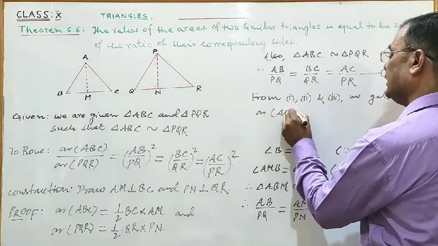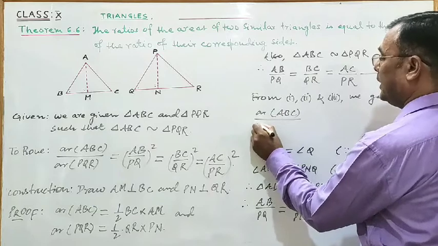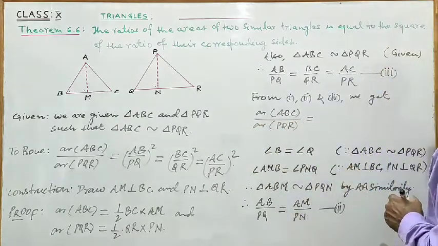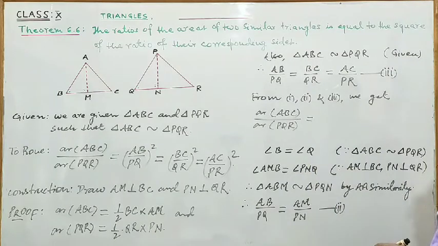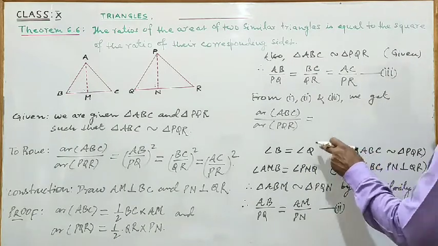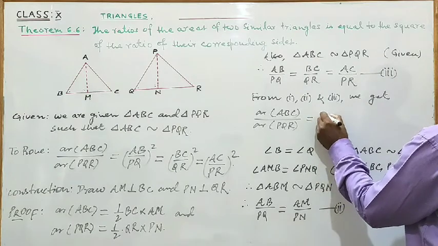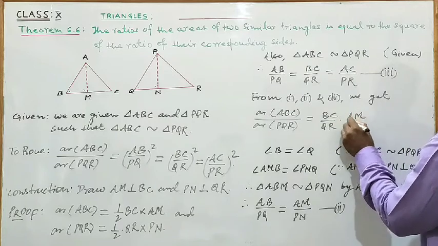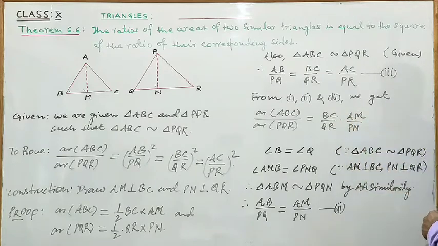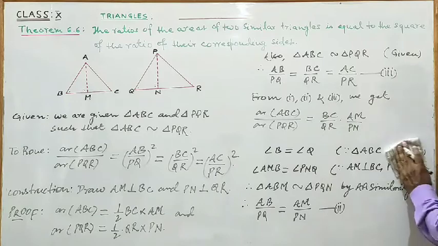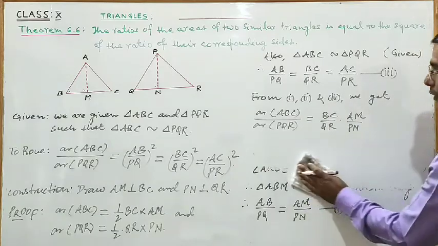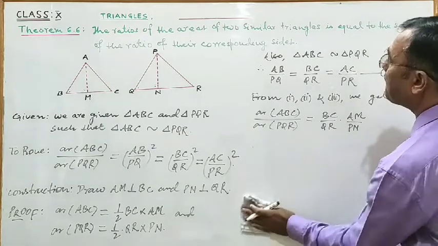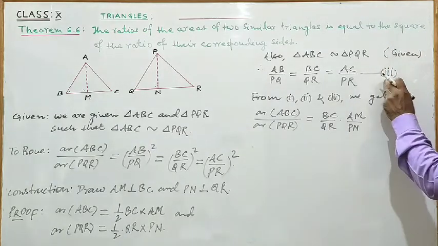area of triangle ABC by area of triangle PQR is equal to BC by QR into AM by PN. BC by QR is equal to AB by PQ from 3.